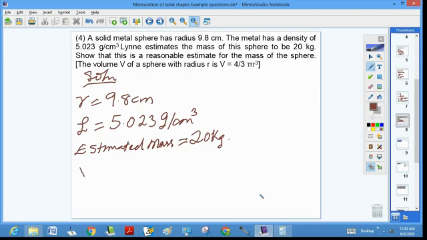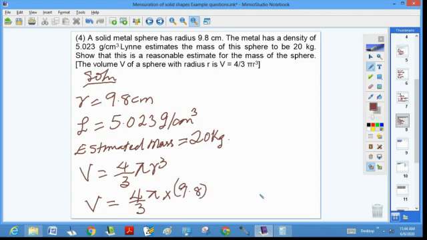So to find the volume, we make use of the formula of a sphere. Volume of a sphere is given as 4 over 3 pi r cube. So substituting the value, V is equal to 4 over 3 pi times the radius, which is 9.8 raised to power 3.